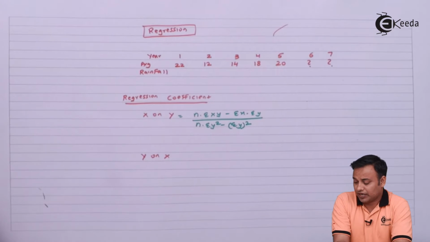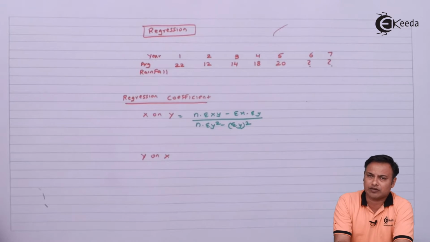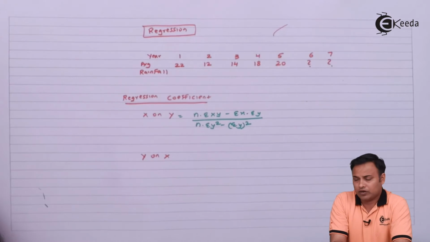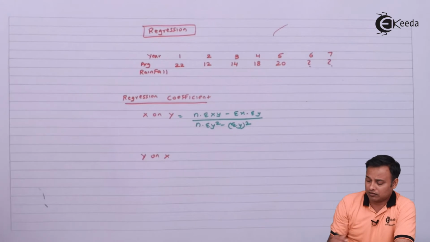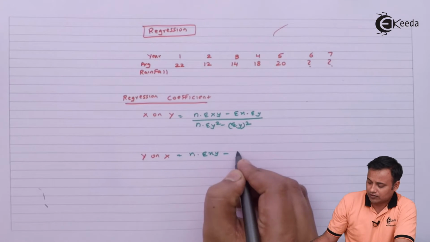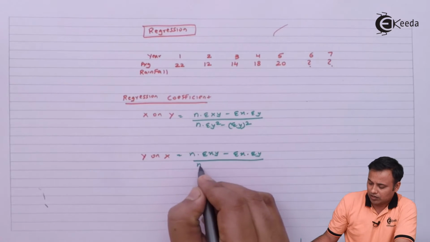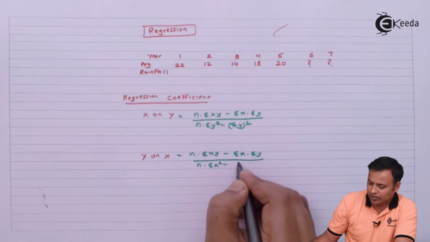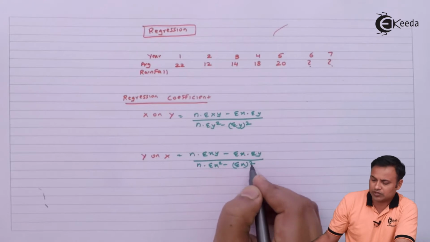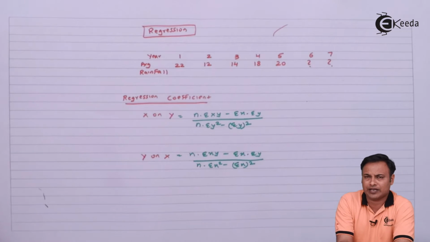For regression coefficient x on y, we have the formula n into summation xy minus summation x into summation y upon summation y square minus summation y the whole square. For regression coefficient y on x, we have the formula n into summation xy minus summation x into summation y upon n into summation x square minus summation x the whole square.